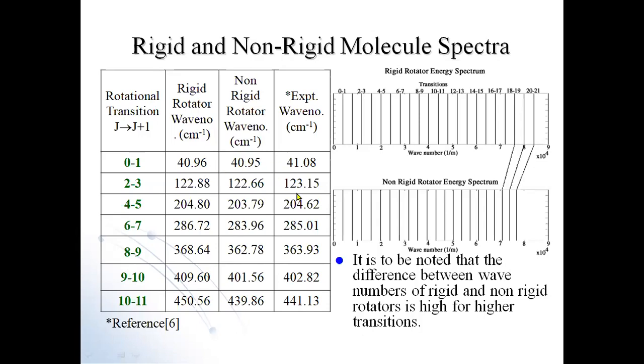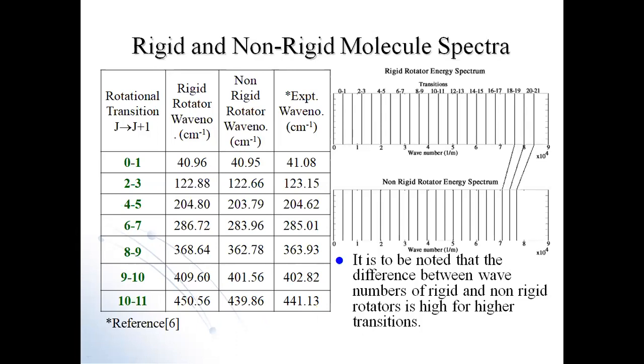You prepare this with the help of an Excel sheet, no problem, or you may write a small program also and find out these findings of rotational transitions and compare with the experimental findings.